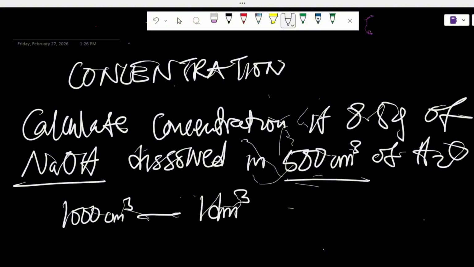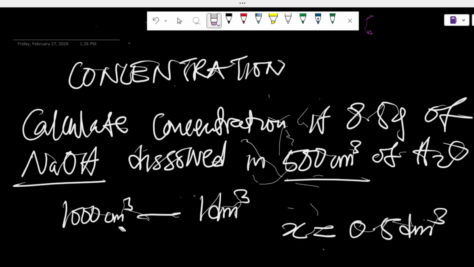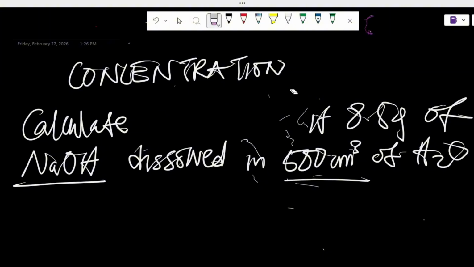So if you convert 500 cubic centimeters to x, you're going to get x equal to 0.5 decimeter cubed. Make sure that you understand how to do these conversions. So with this information, we can go ahead and find the concentration.